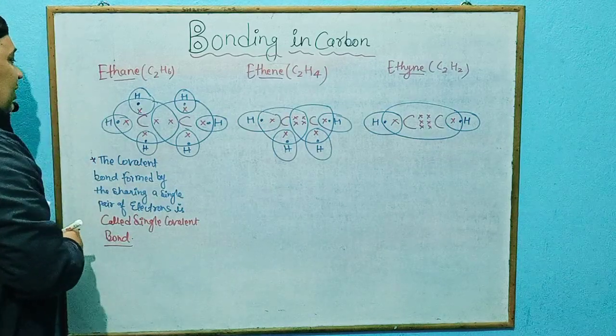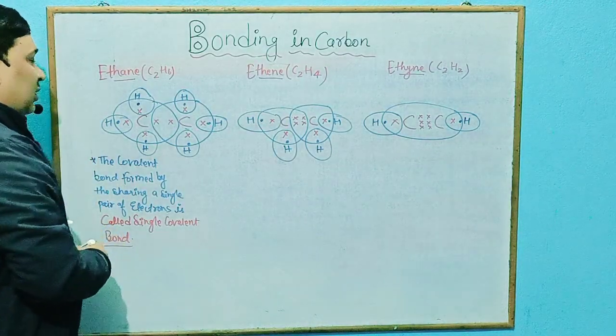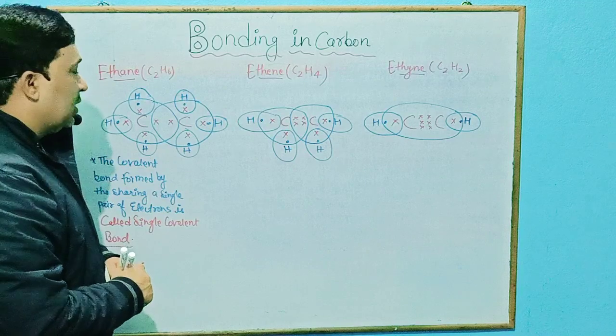So we can say that in ethane, each atom is bonded by a single covalent bond.